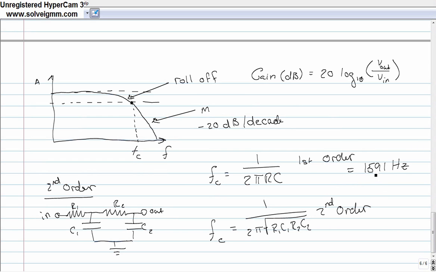So that's closer to the 1000 than it is to the 10. So the 10 has a greater gain than the 1000 hertz. And if we were to get even closer to 1591 hertz, you would see even less and less in voltage until eventually you got so far that there is no voltage left anymore.